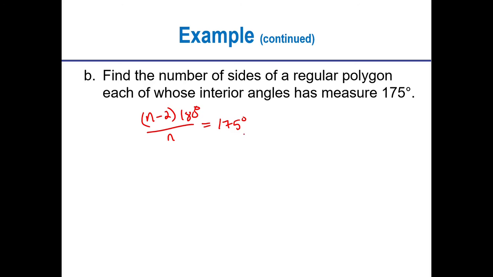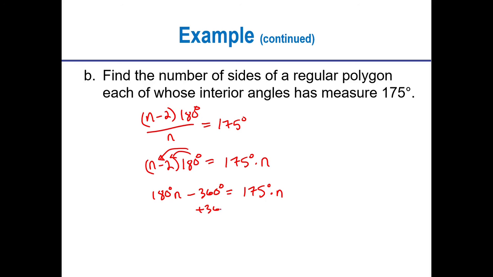Multiply both sides by n. I have (n minus 2) times 180 degrees is equal to 175 degrees times n. Distribute the 180 degrees into the expression: 180 degrees n minus 360 degrees is equal to 175 degrees times n.